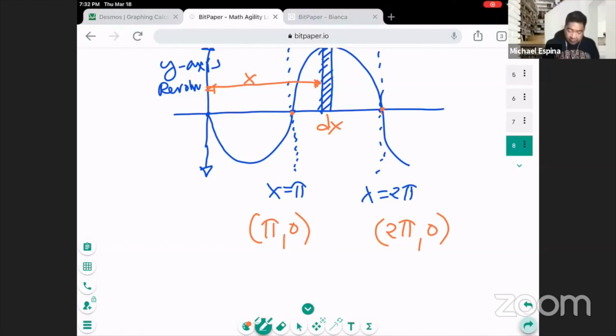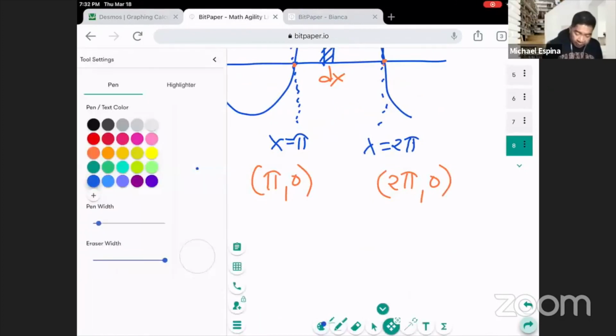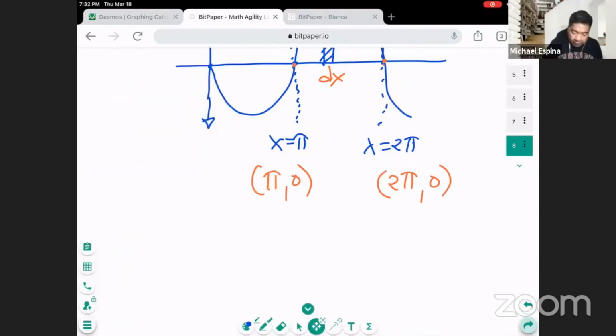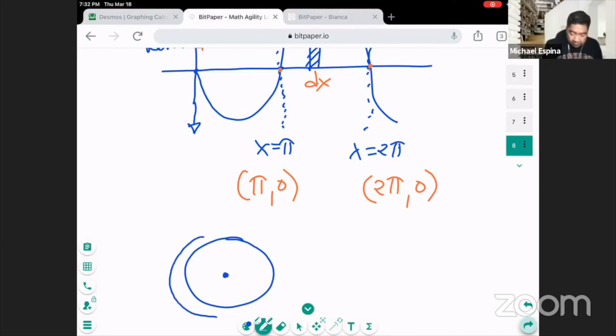If we take the top view of our cylinder, the thickness from here up to here is your dx.